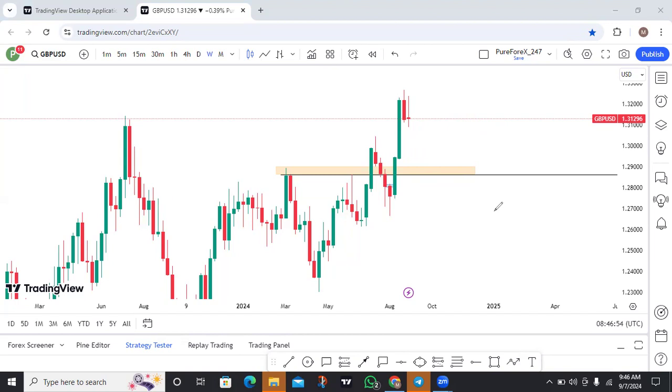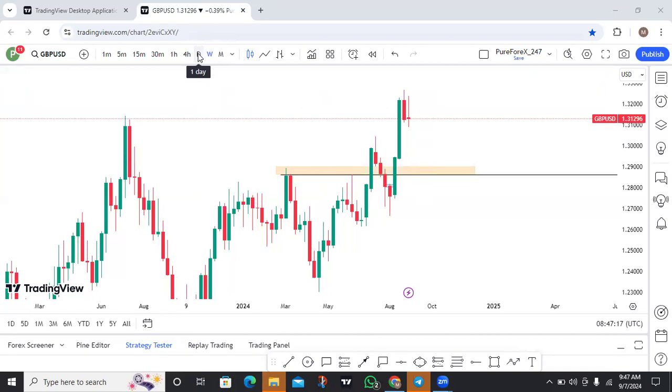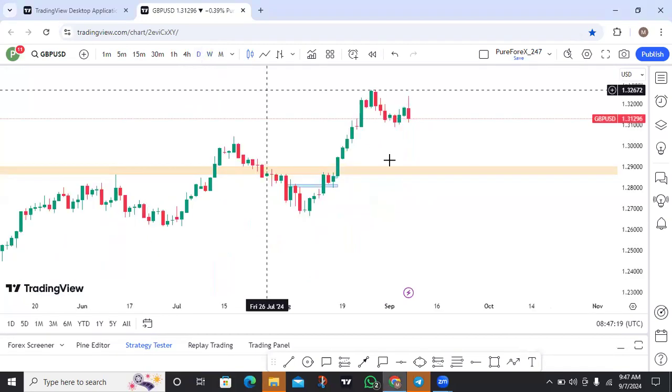We want to start looking for Fantastic 5 market structure in the lower time frame, or breach of the Dow theory, and then we'll be looking for Fantastic 5 in line with the selling direction. So now let's get to the lower time frame. For us to know that this weekly retracement is going to continue coming down, we are also going to see a sign from the H4 and daily.